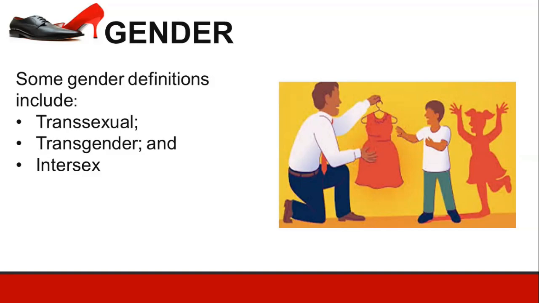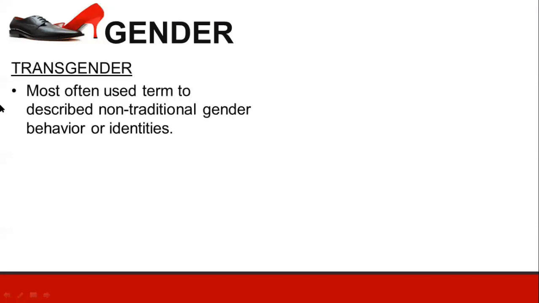So let us define these three. So when we say transgender, let us define first what is transgender. It is the most often used term to describe the non-traditional gender behaviors or identity. So, a transgender is a person whose sense of identity does not correspond with their birth sex.